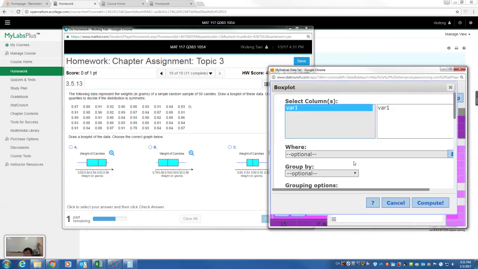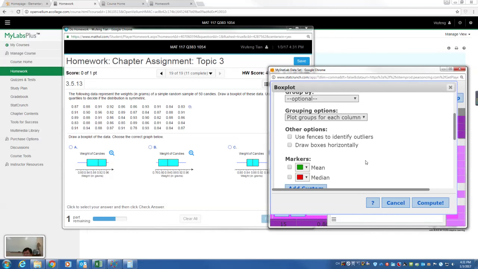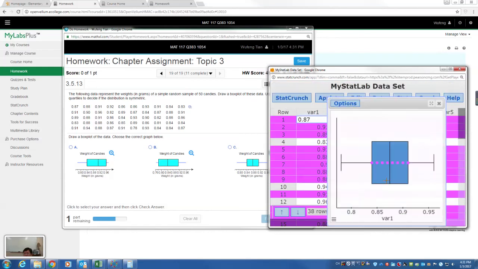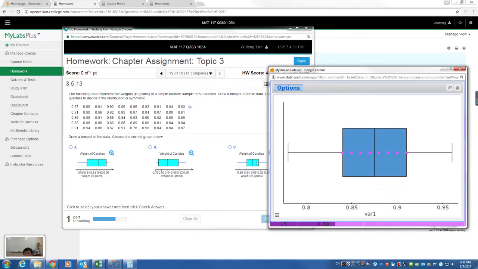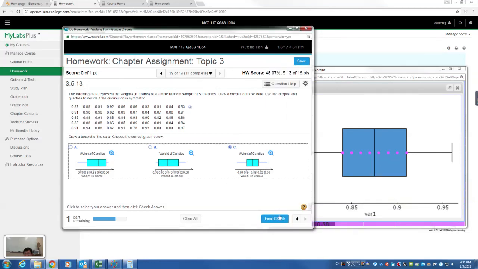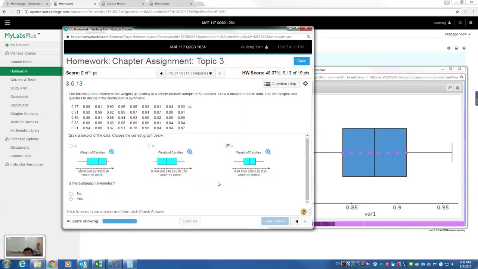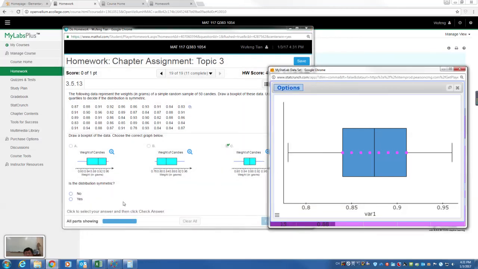Let me see if I can change that into horizontal. Okay, so now I think it's pretty much like a C. Is this distribution symmetric? I would think it's symmetric.